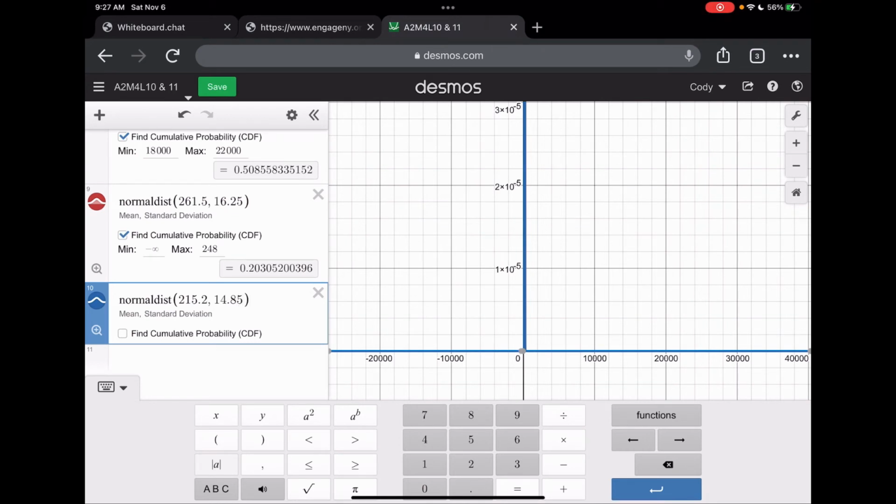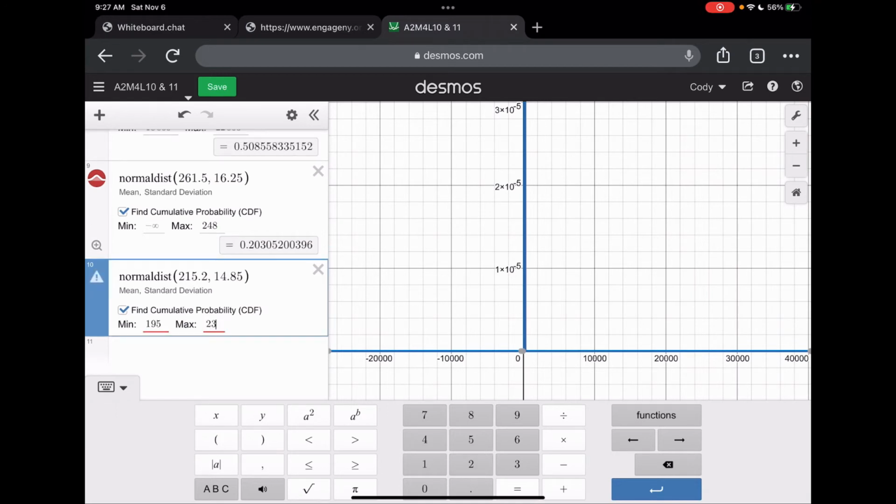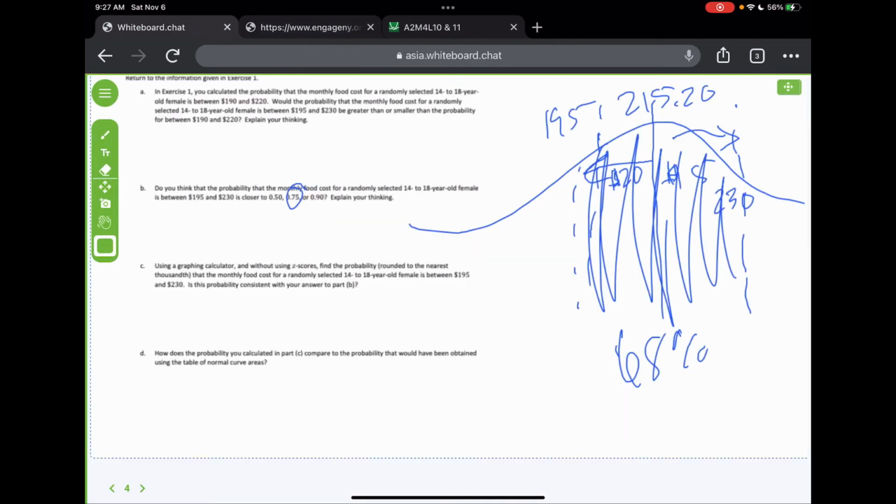And I'm going to find the cumulative probability for a minimum of $195 and a maximum of $230. And our probability is 0.75, so we were spot on, 0.75.